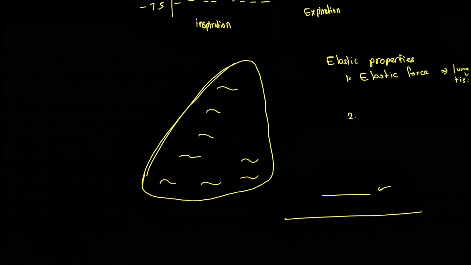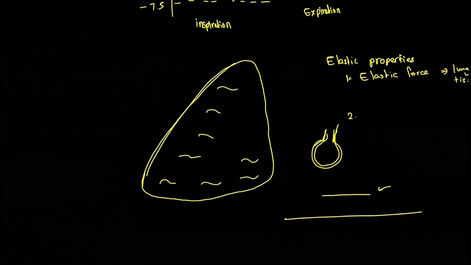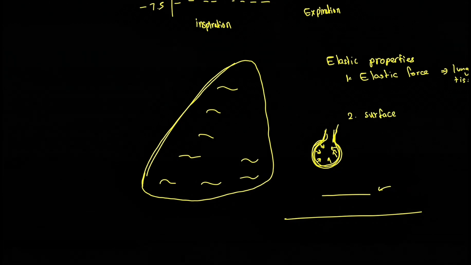The tendency to collapse increases. Then the alveoli: inside the alveoli, we have a thin layer of fluid covering the inner walls. Because of this fluid, there will be surface tension, and due to that, the lungs tend to collapse. So the forces that try to collapse the lungs are the surface tension and the elastic force by the lung tissues.